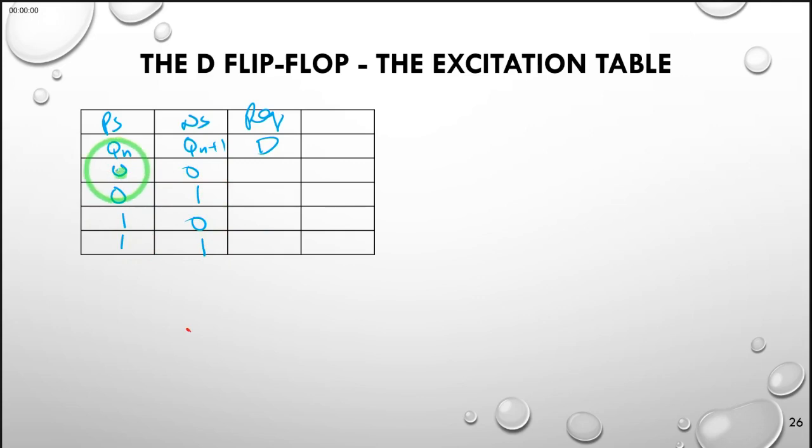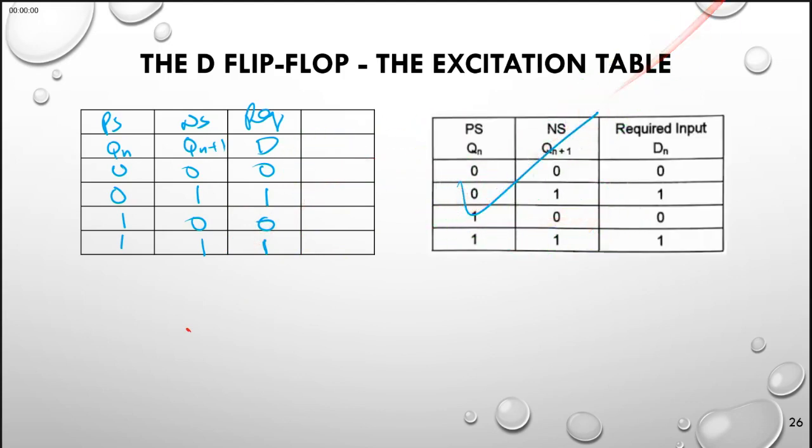For the next state to be 0, as we have seen in the characteristic table, we require D to be 0. For us to move to 1, we require D to be 1. The next state is simply following D, and therefore the next state will always be the same as D. That is the excitation table of the D flip-flop, which is what is presented here.